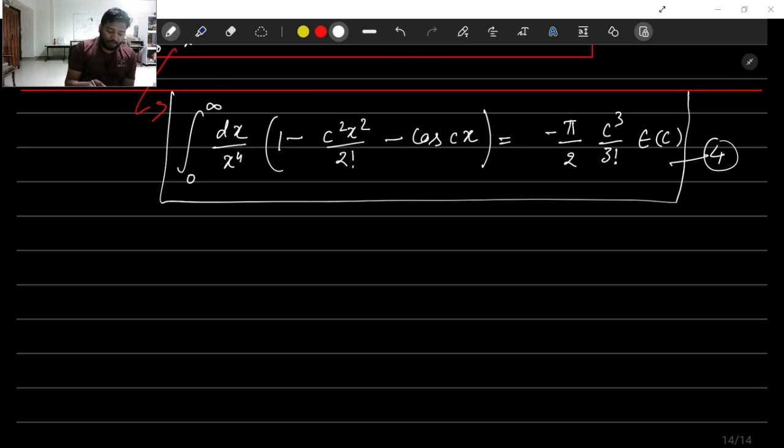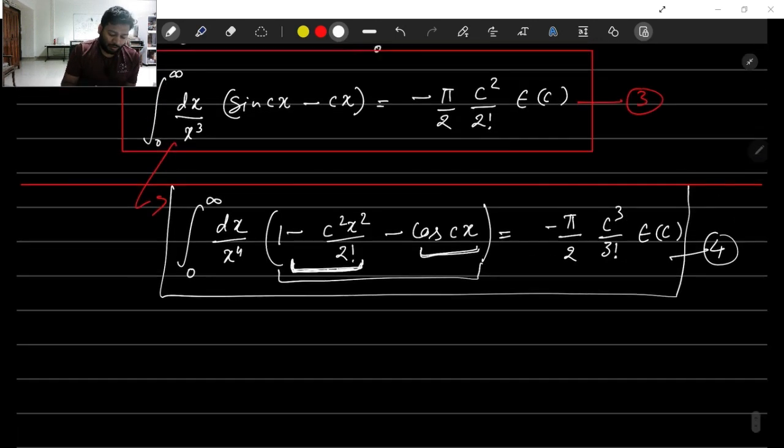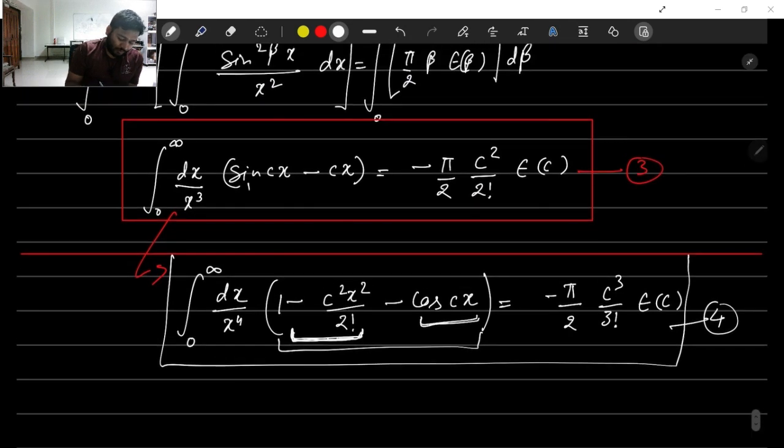And what you are seeing is that the integrand is a function of cos, but what is subtracted from this cos is also the first few terms of the cosine series. In case of sine, you see that what is subtracted from this sine is the first few terms of the sine series, correct?